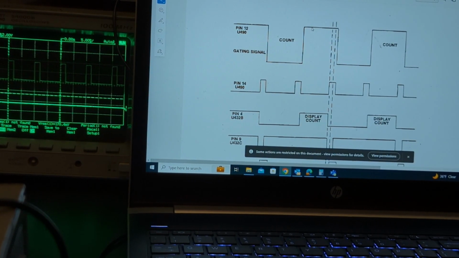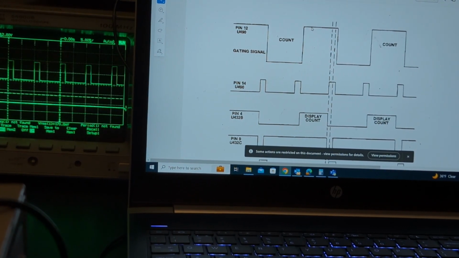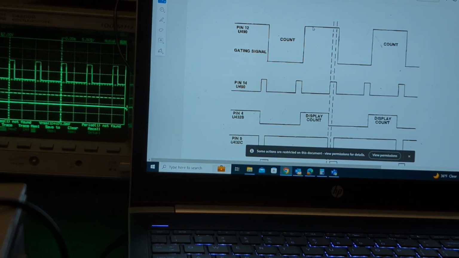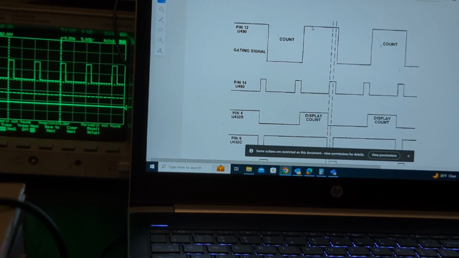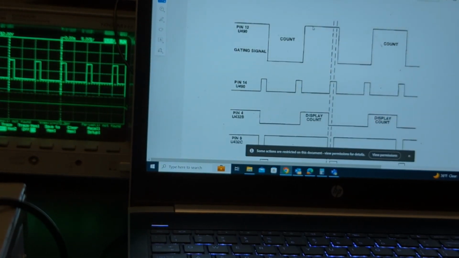Alright, let's give this a try here. I did dim the lights so you guys can see the scope a little bit better, and of course it's still doing some funky things, so I apologize for that, but hopefully it cooperates. So as I mentioned, saved on the display already is this signal here, pin 14 of U490.